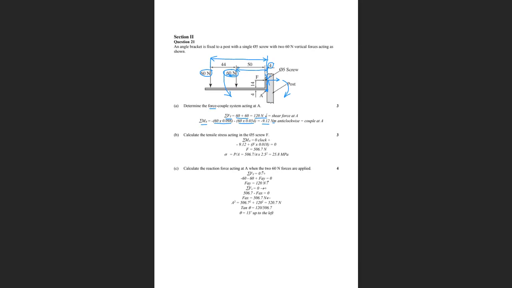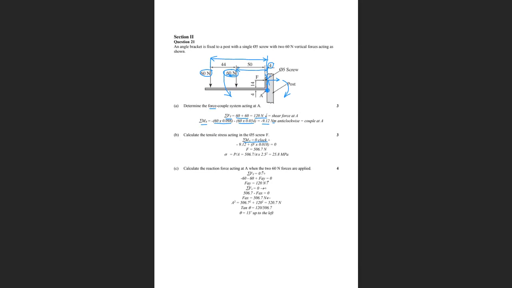Next question, calculate the tensile stress acting in the 5-5 screw, and to find the force in the screw, you've got to take moments about the pivot point, which is pivot point A there.